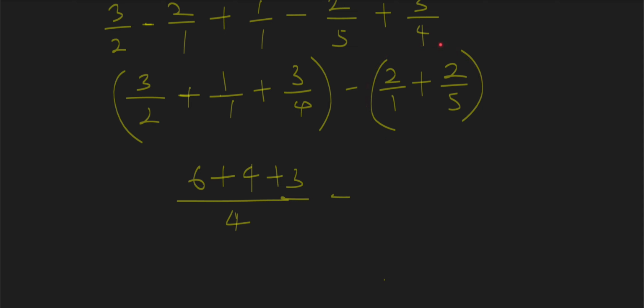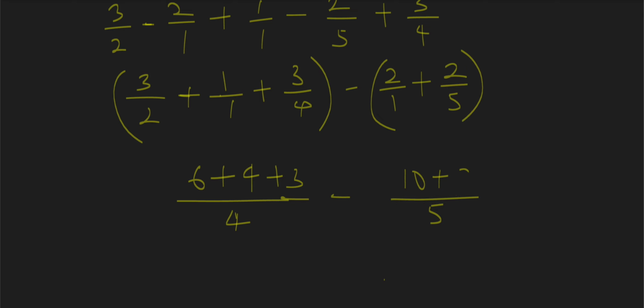So what's the LCM there? The LCM there is between 1 and 5. The lowest common denominator is 5. So 1 goes into 5 five times, 5 times 2, that's 10. So we have 10 here, plus 5 going into itself once, so 1 times 2, that's 2.